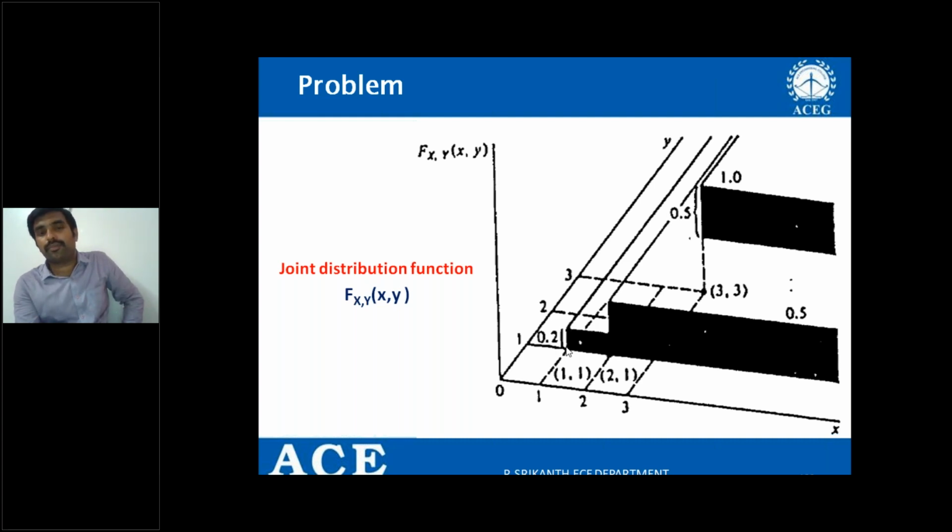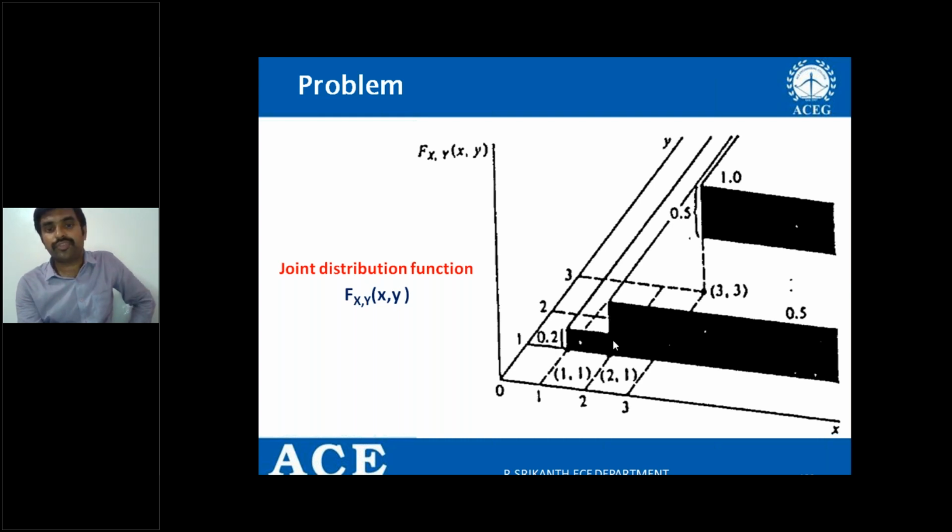So it is 0.2, and the next element is existing at 2 comma 1. But at 2 comma 1, the distribution function is the sum of two values, 0.3 and the previous value 0.2. Total height is 0.5, right? So it is again going up by 0.3, and the next step will be at the height of 0.5, right?